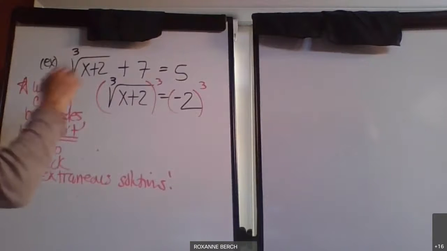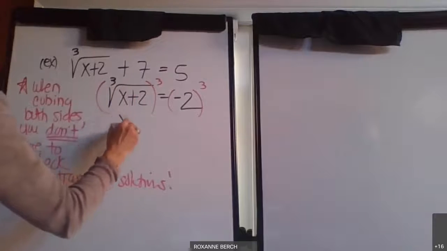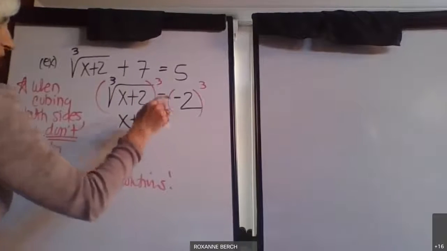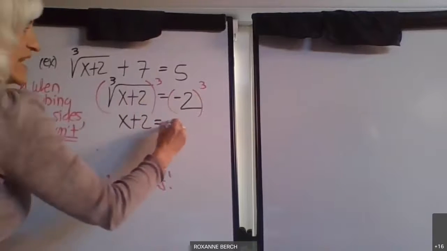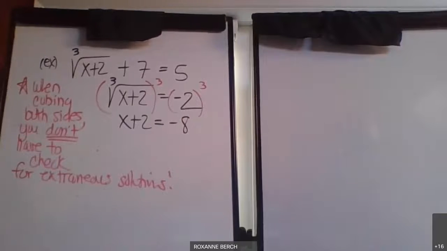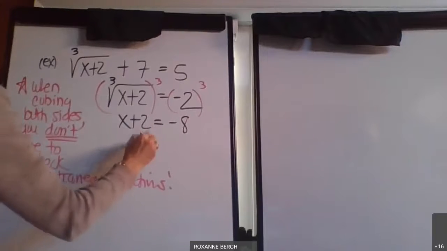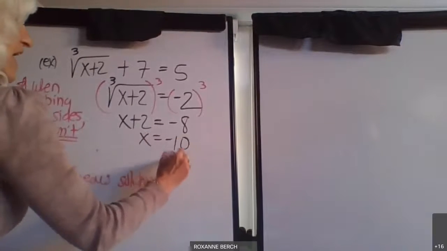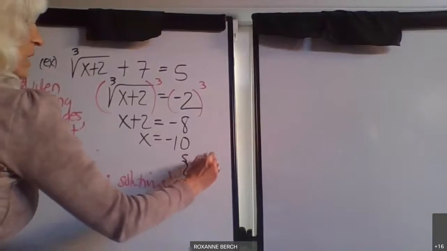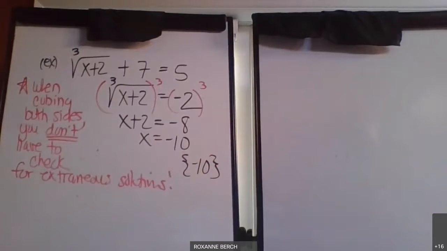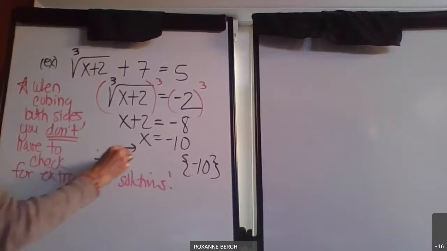Okay, so here we go. The cube of a cube root cancels it. And a negative times a negative times a negative is a -8. So when you subtract 2, you get -10. And so we're going to see if that works. Now remember, the cube root was sideways, right?